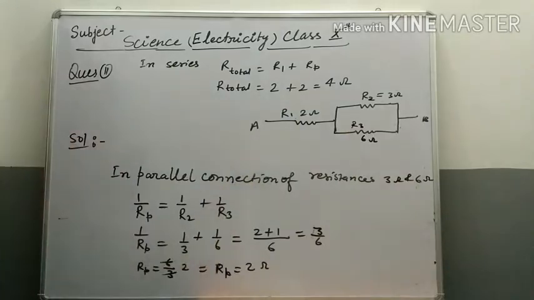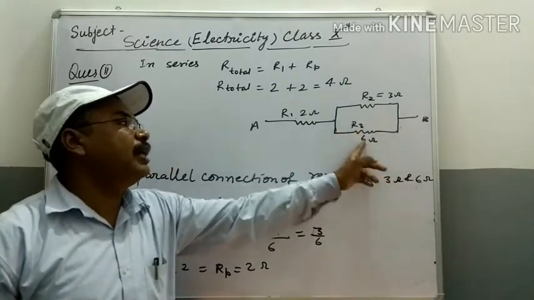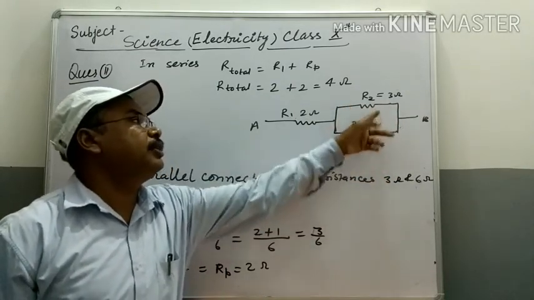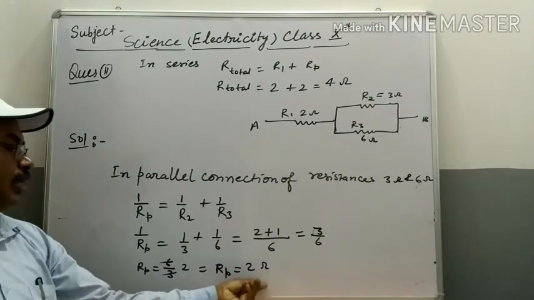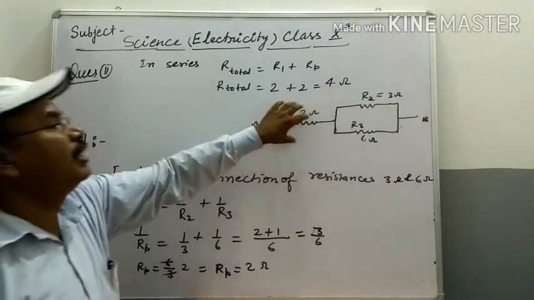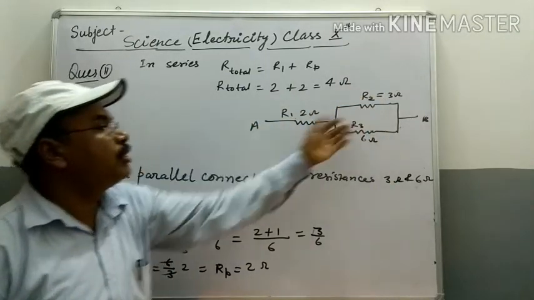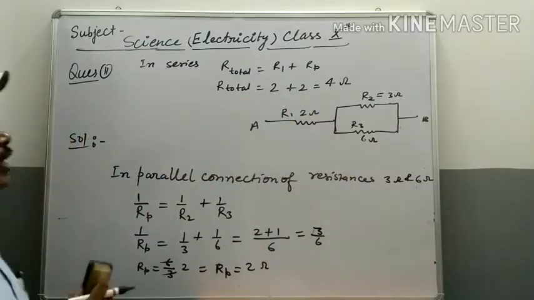In such a connection, R2 and R3, 3 and 6 ohm, are in parallel and the resultant we already found is 2 ohm. This is in series with the 2 ohm, so 2 plus 2 is 4 ohm, our required result.